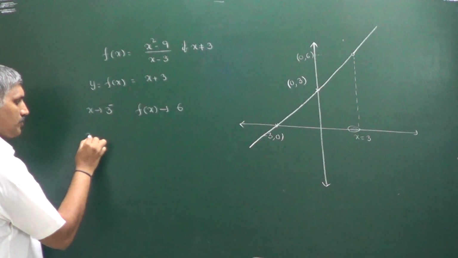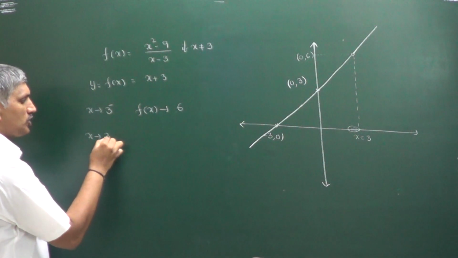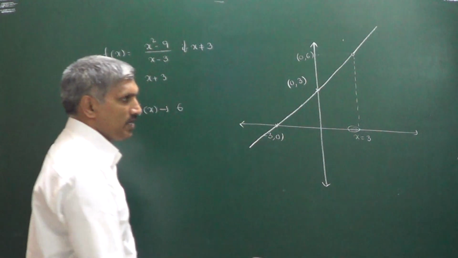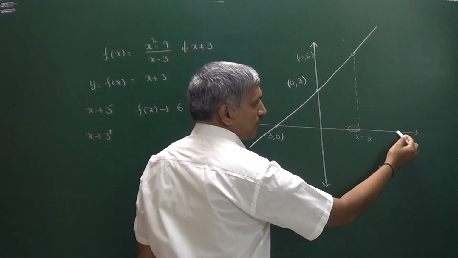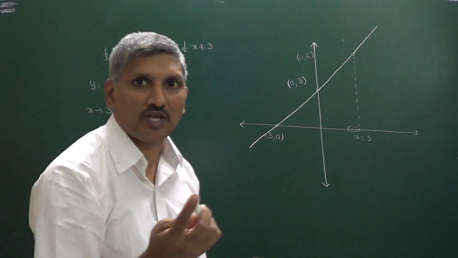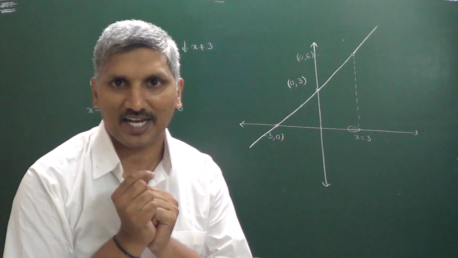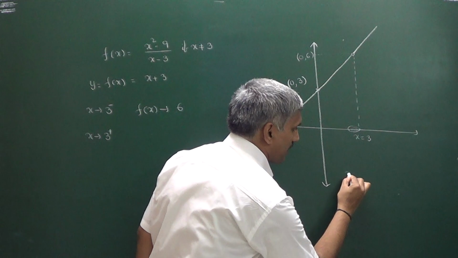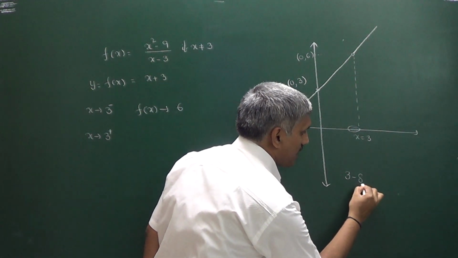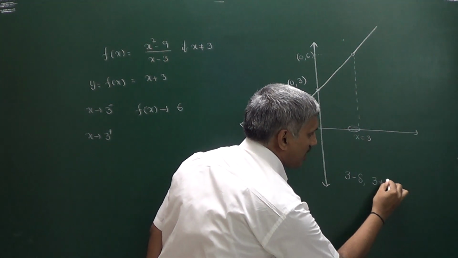At the same time, when x values are approaching 3 from the right hand side, you can observe in the neighborhood of 3. In the neighborhood of 3 means very close to 3 on the left hand side and the right hand side. That's what we can write in this way: 3 minus delta, 3 plus delta.